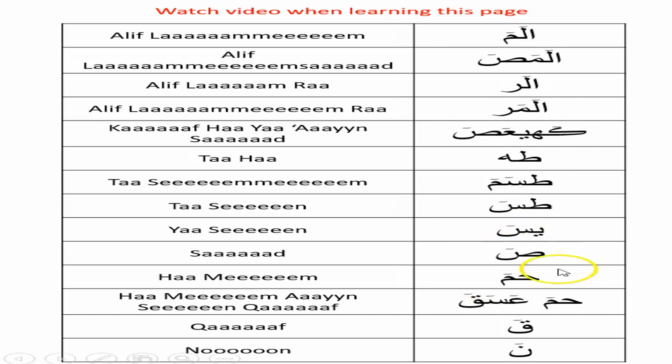Yasin. Sad. Hamim. Hamim ayn sin qaf. If you haven't noticed here, because the Hamim is written separately to the Ayn Sin Qaf, this is actually two separate muqatta'at, and this is actually two ayahs as well, which occurs in the beginning of Surah Al-Shura.